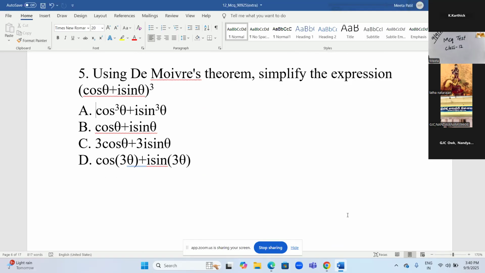The options are A: cos cube theta plus i sin cube theta, B: cos theta plus i sin theta, C: 3 cos theta plus 3i sin theta, and D: cos 3 theta plus i sin 3 theta. Once again, I will repeat the question.